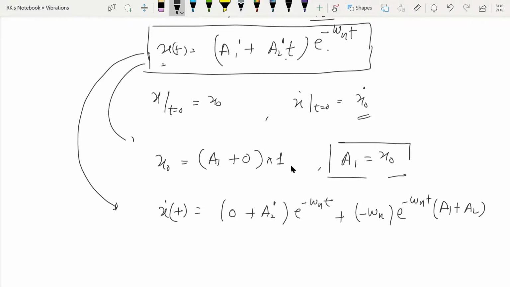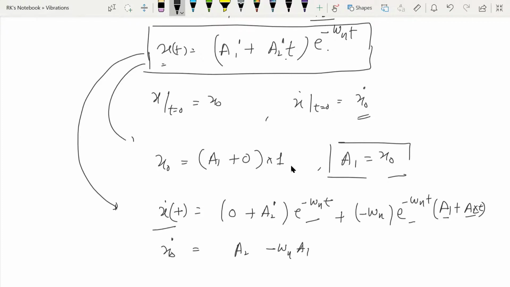So now this is x naught dot, and we'll put t equals 0. So this is a2, this becomes 1, and from here this will be minus omega n multiplied by, this is t, so this becomes 0, this is a1, and this becomes 1. So minus omega n multiplied by a1, right?